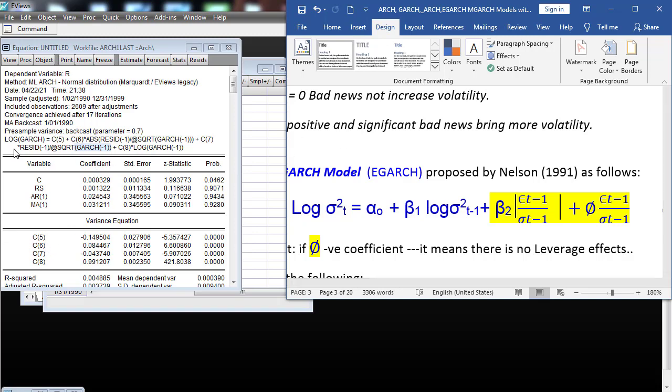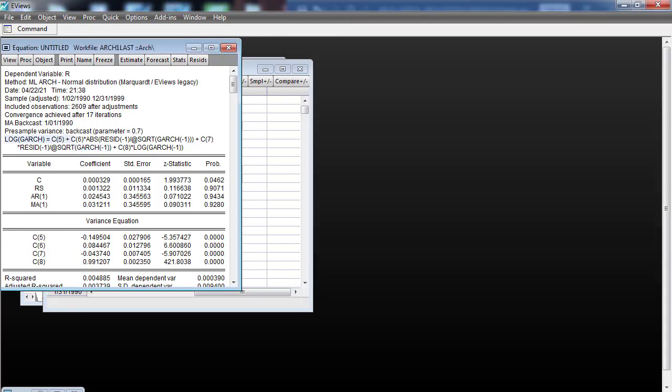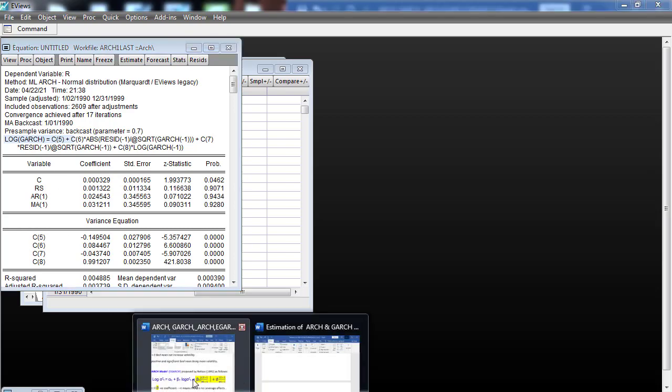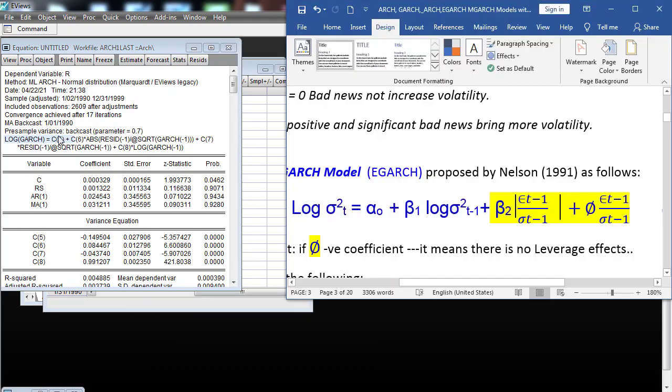As you can see it here, this is log, the independent variable. This is C1, C2, C3, C4, C5. C5 is the constant. C6 is the absolute, which is this part. This is C5, C6, C7, and C8.